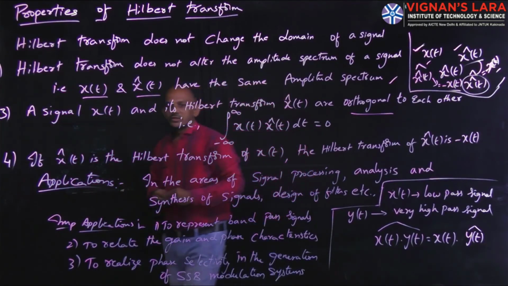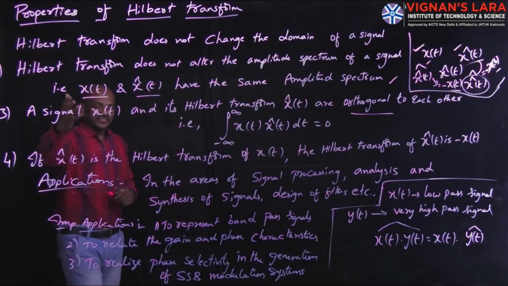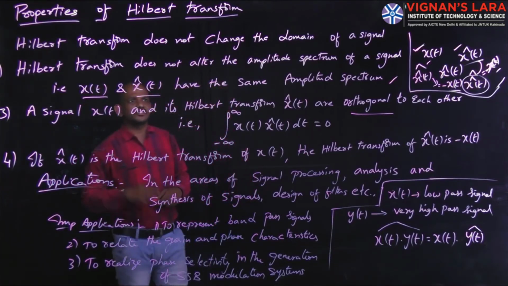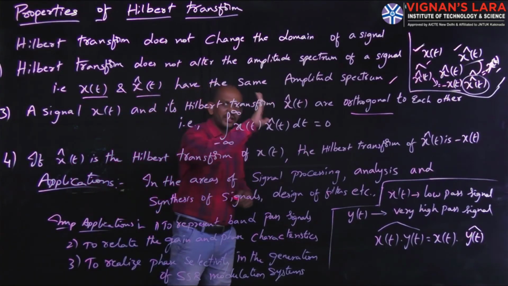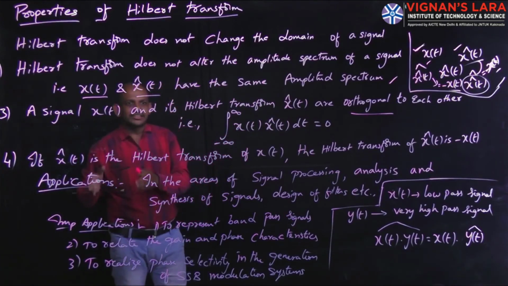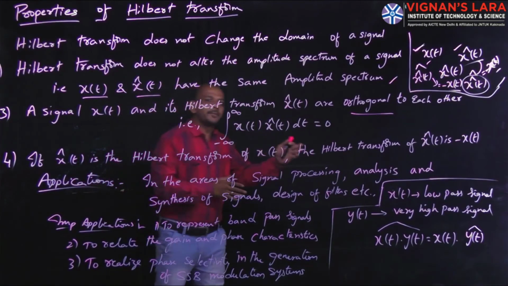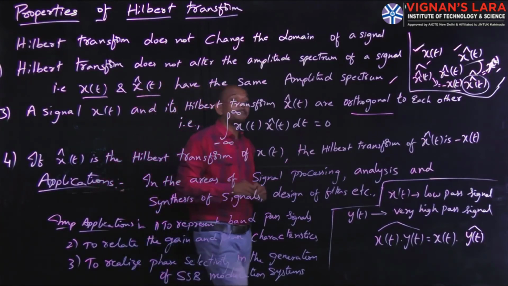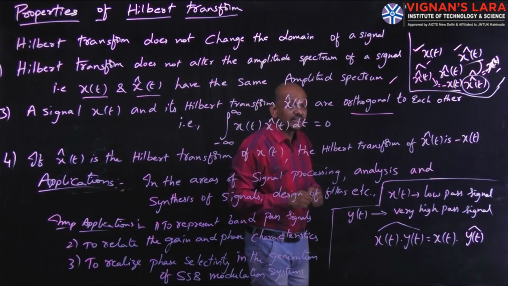Okay. So here see the properties once again. The first one is Hilbert transform does not change the domain of a signal. Second one, the Hilbert transform does not alter the amplitude spectrum of a signal. That is, the signal and its Hilbert transform both will have the same amplitude spectrum.